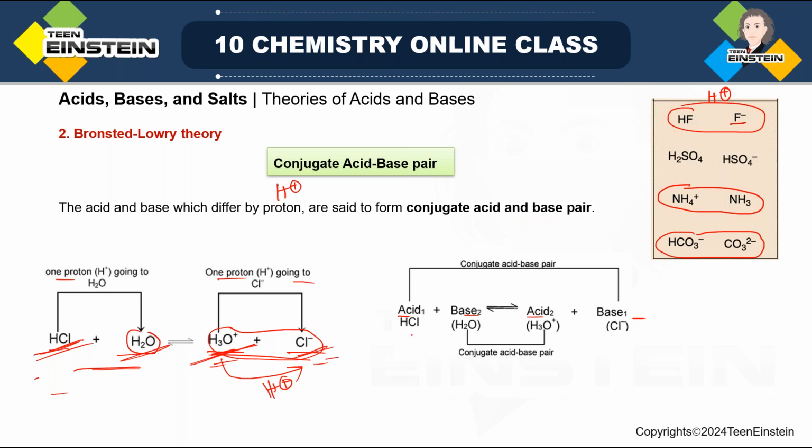Now try to recognize the conjugate acid base pairs. HCl and Cl minus differ from each other by H, so we call them a conjugate acid base pair. Similarly, water and H3O plus should also be treated as a conjugate acid base pair. In this way, you can recognize them. If some pairs are given in a question and you have to recognize them, I hope you will be able to do so.